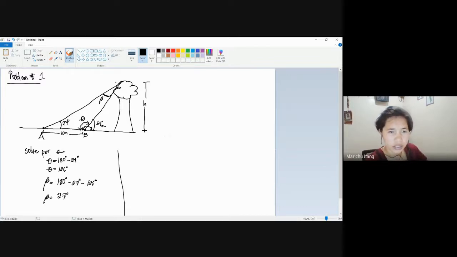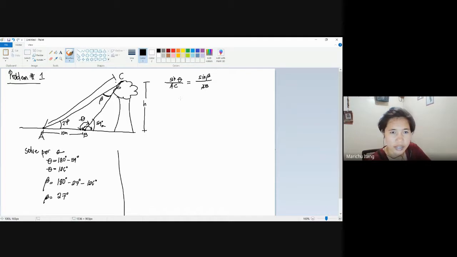We can determine the length of this side, A to C, by using sine, right? We have sine of theta over distance AC. You can use sine of beta over AB, right?